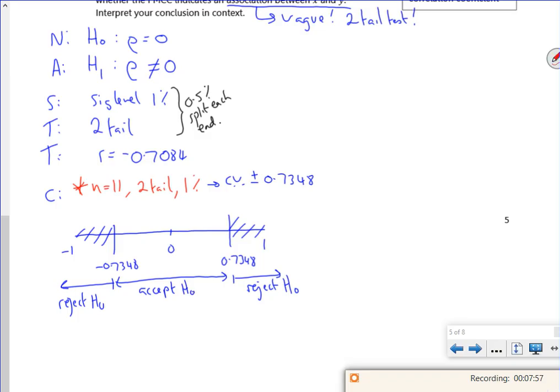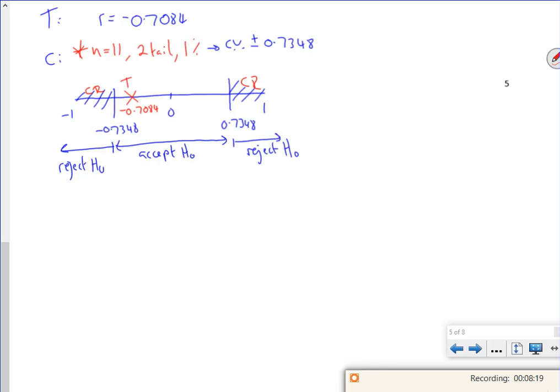Now my test stat is minus 0.7084. And if you look, it doesn't lie in the critical region. So these are the critical regions, and the 0.7348 is the critical value. Because it doesn't, we accept H0.